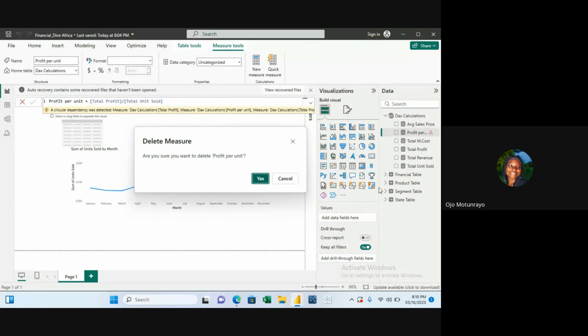So what other measures are we supposed to create? Because after creating the measures, we are to do our dashboard.